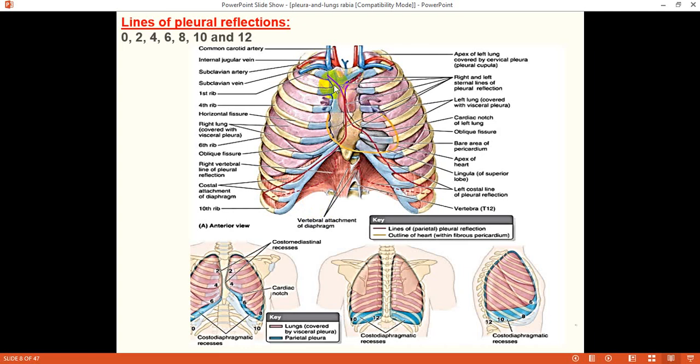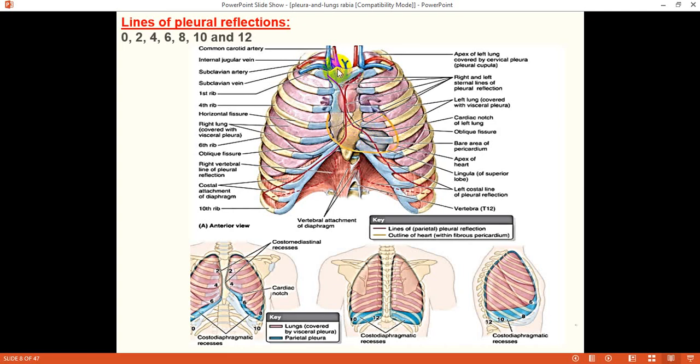The important thing to remember is that these lines are not the same on both lungs, as the heart is deviated more towards the left side. And there is also the cardiac notch present. So these lines of reflection are different on both sides.